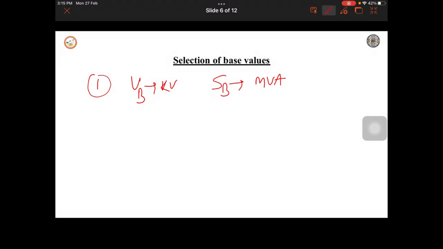We have to select this in any one part of the system. These values may be the rating of the same component. So this we have to choose at any part of the power system, whether it may be generating side or load side. Sometimes they will give this information for the calculation.